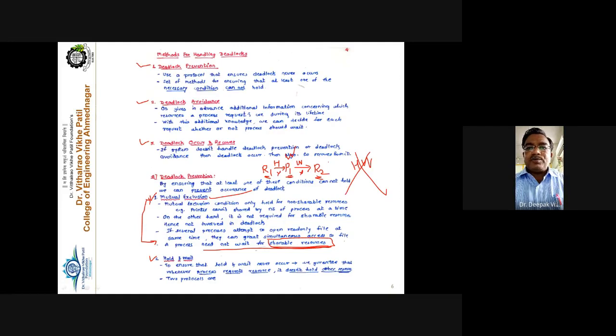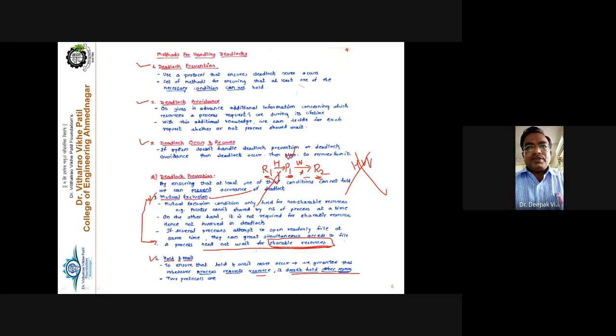So to prevent this condition, what solution is given? We guarantee that whenever a process requests a resource, it does not hold any other resource. Meaning, we have to ensure that when the process is requesting a particular resource, it must not hold resources earlier.